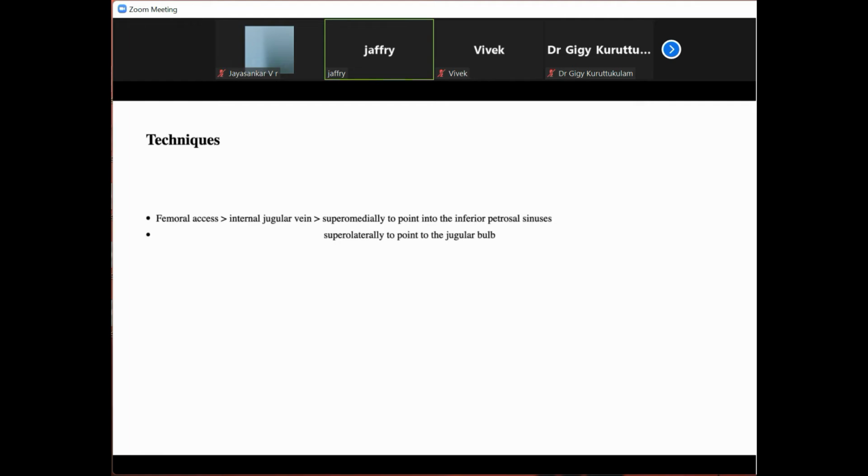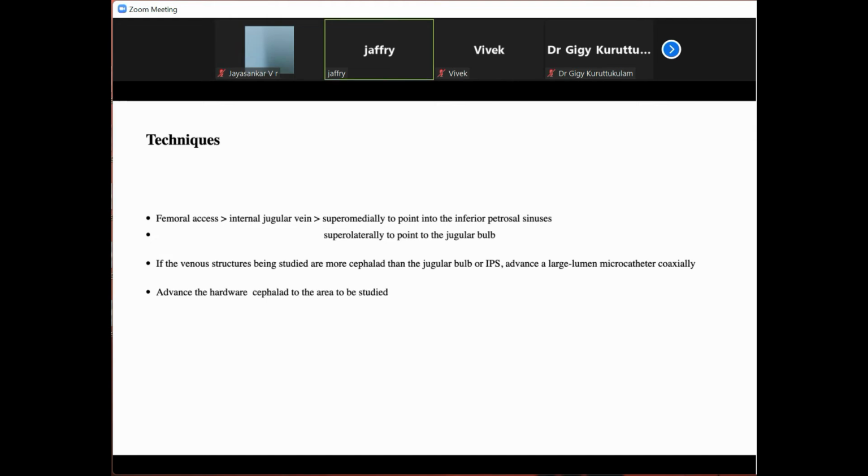So the technique, which I have already told. Here we have to consider injections of around 1 to 2 ml of contrast for the test, meaning a smaller amount of contrast, and hand injections are more preferable because of the smaller wall support in the venous system.